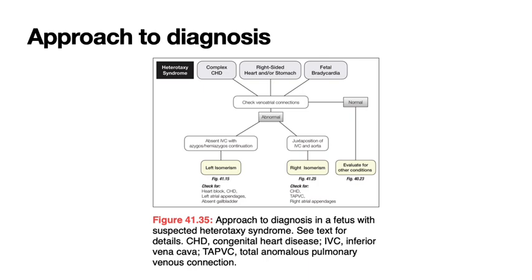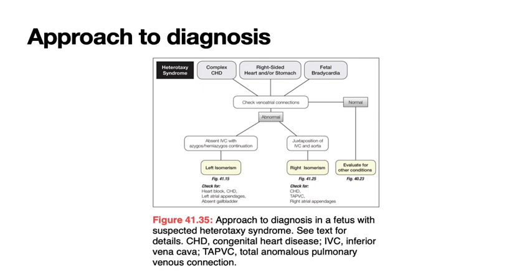Once you've suspected that, then you go to the veno-atrial connections. We're talking about looking at the vessel arrangement in the upper abdomen and in the retroatrial space. And if you see an absent IVC and you see either the hemiazygous or azygous, then think, okay, we're missing a right-sided structure. I bet we have two lefts.